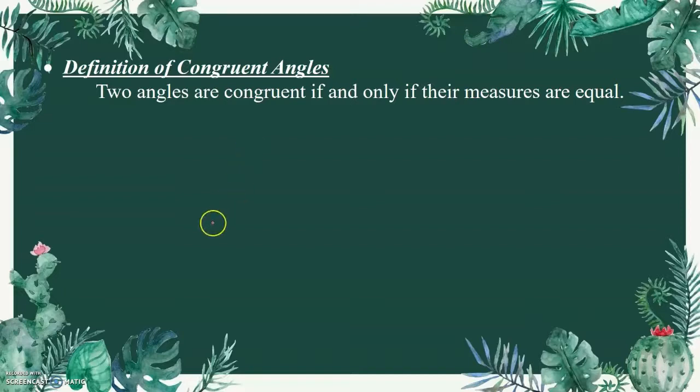So let's say we have two angles here. Okay, so we have here angle ABC, and we also have another angle.